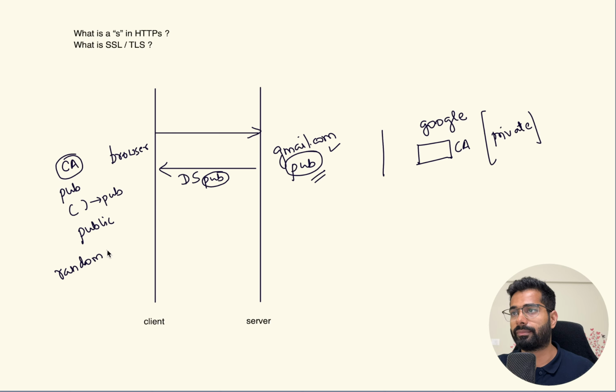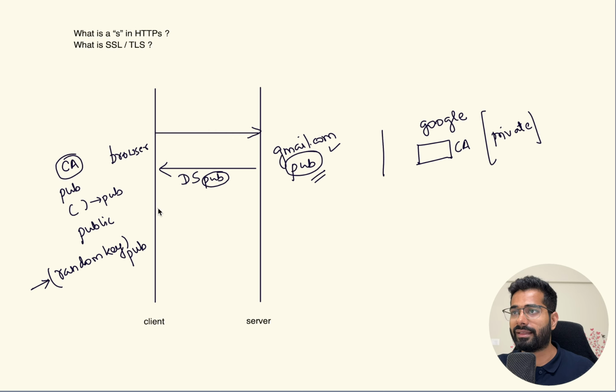This is important. Once it knows that the authenticity as well as the integrity of the public key has been verified, it creates a random key, and it encrypts it using the public key of Gmail, which it got in the second leg. Using the public key that it got, it generates a random key and then encrypts it.